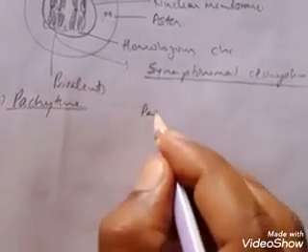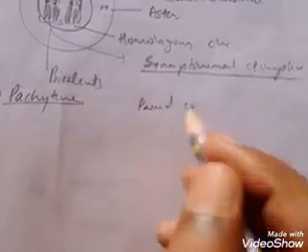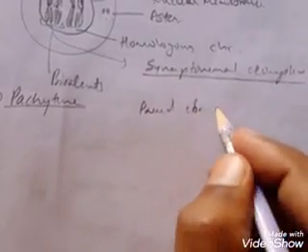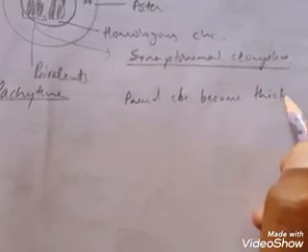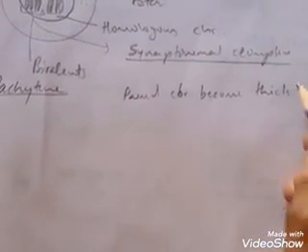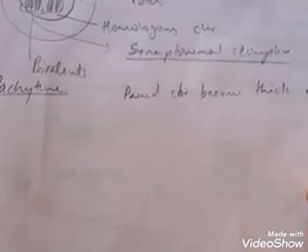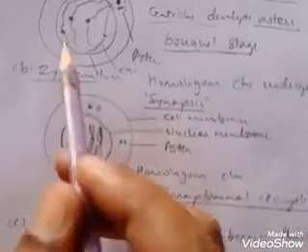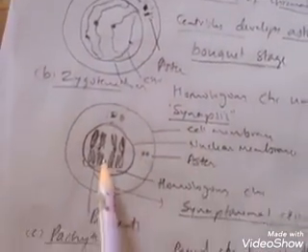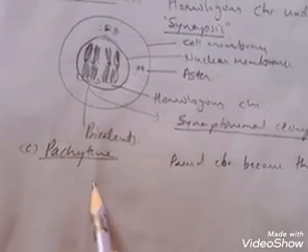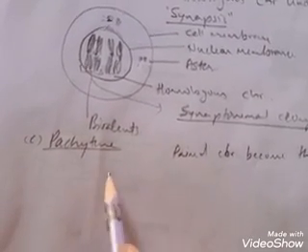Here paired chromosomes become thick and short. What we observed in the first phase, leptotene, was still condensation, and finally in pachytene they become highly thick and short.